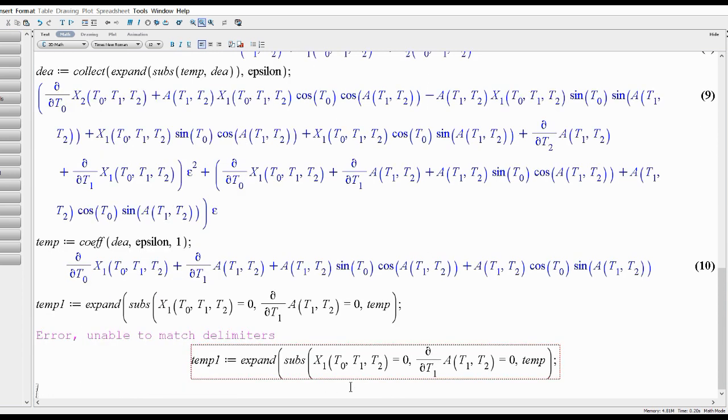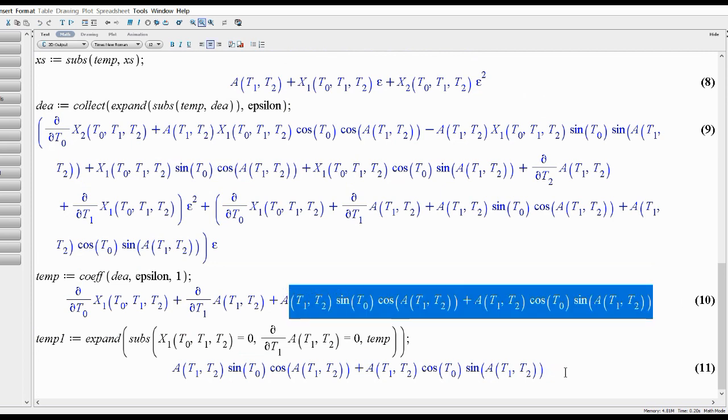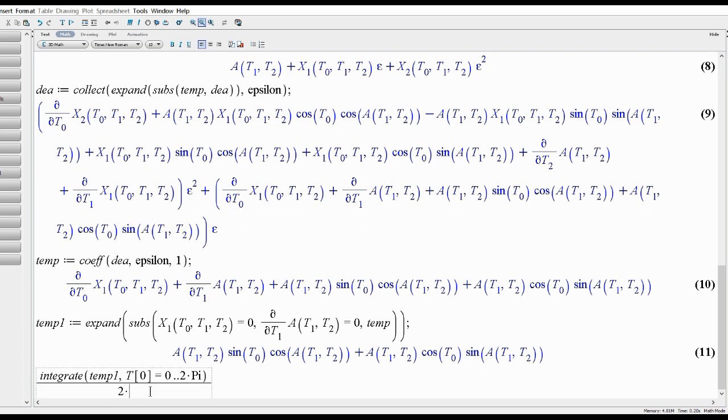When we do that, well, something didn't match. When we do that, we've got this remainder term here. We need to find its average. Okay, so that part is easy. What we do is we integrate temp 1, T0 equals 0 to 2 times pi, divided by 2 times pi.